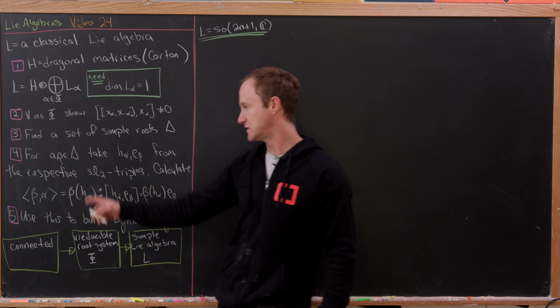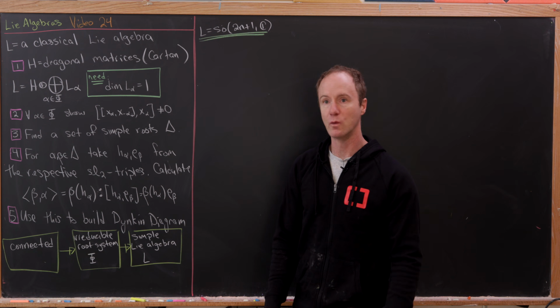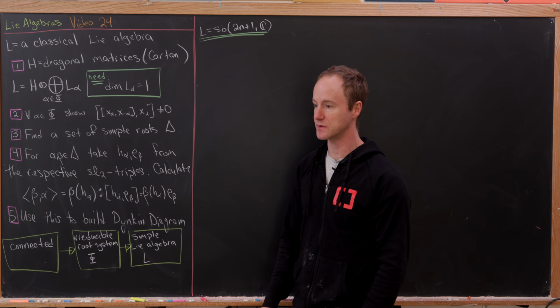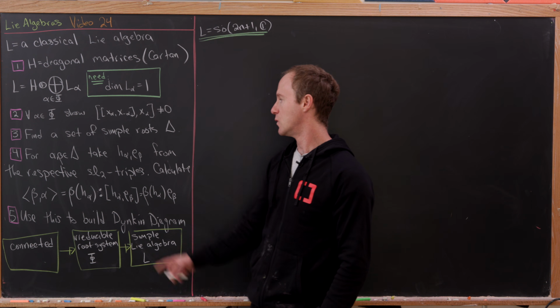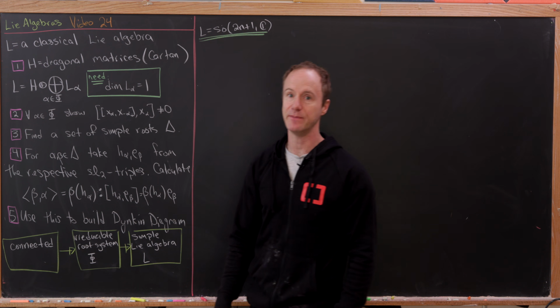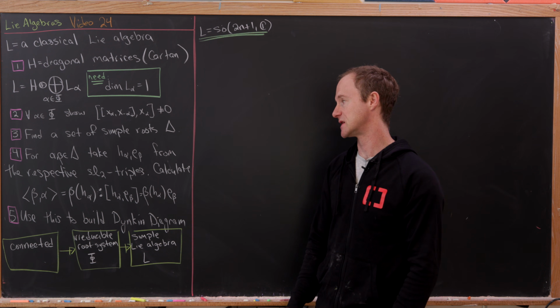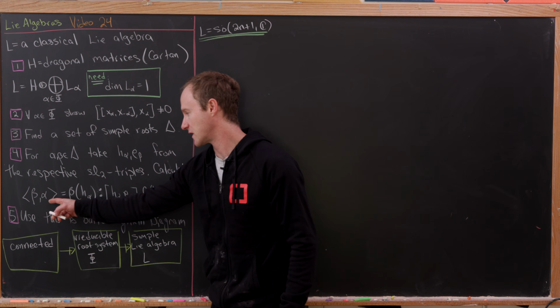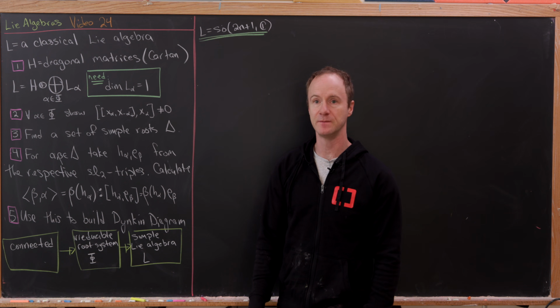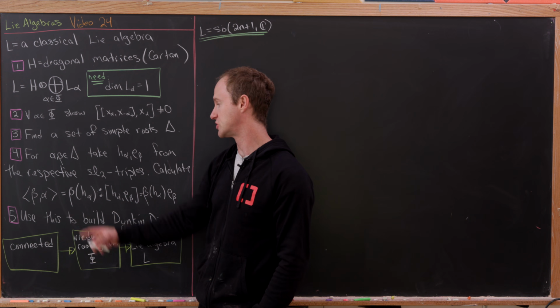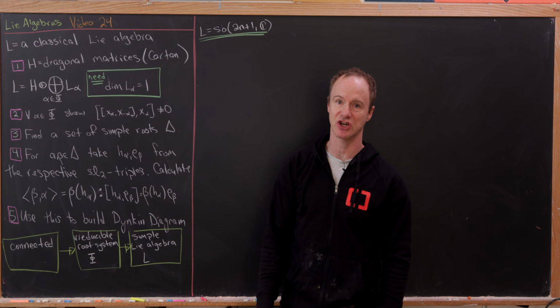Next up, we'll take 2 simple roots alpha and beta. We'll find the SL2 triples related to those 2 roots. Recall that we can do that. We'll take H_alpha and E_beta from those respective SL2 triples and calculate this bilinear form <beta, alpha>, which, if you recall, is equal to beta applied to H_alpha.